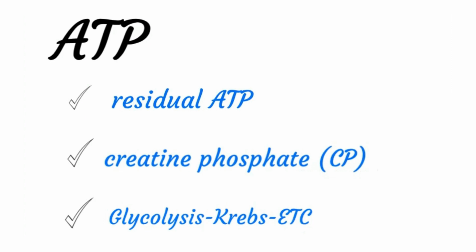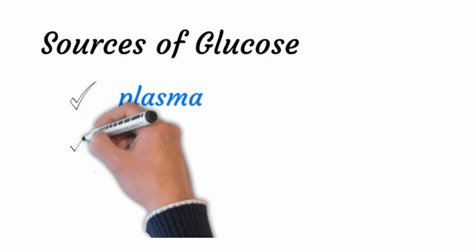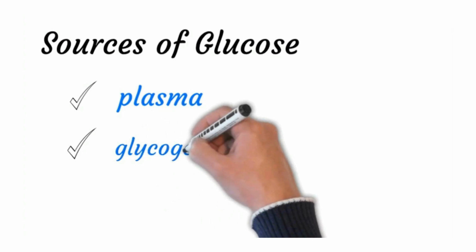As a matter of fact, during low intensity exercise, most of our ATP is coming from fats. But during an oxygen deficit, there is a decreased metabolism of fatty acids, and we'll talk about that as we move forward.